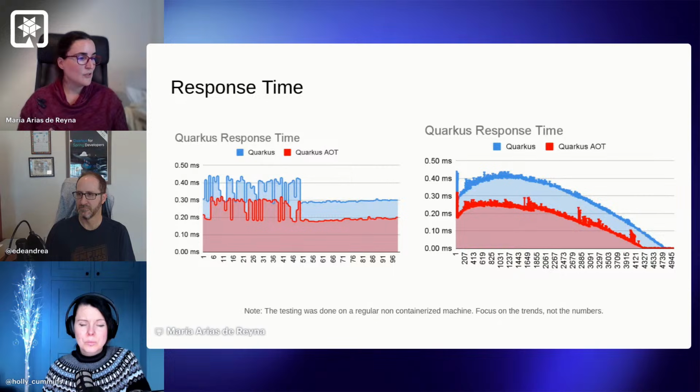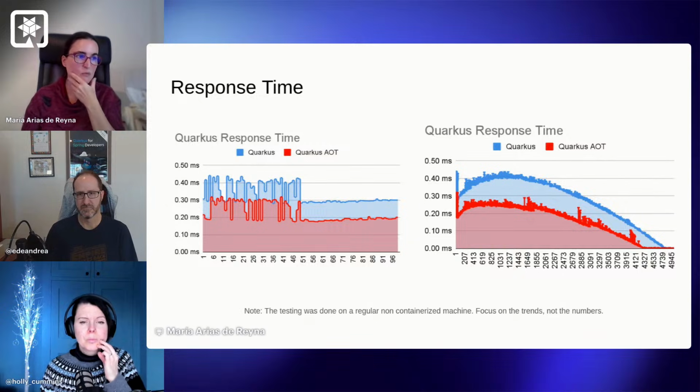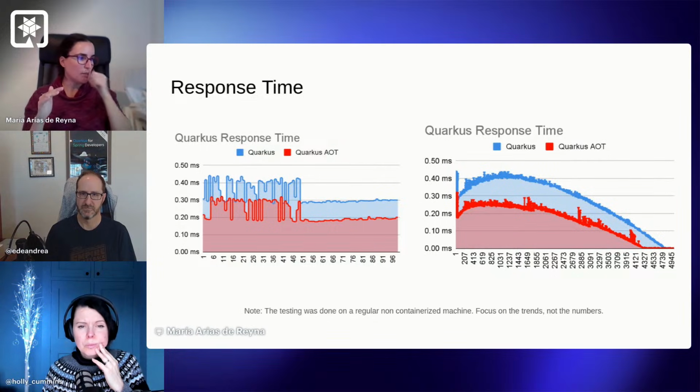And you can see this is how much time each request takes. We ran this test several times, and it's always the Quarkus with Leyden that is a bit faster. There's not much difference, but there is some difference there. And you can see this trend until you reach peak time, all the warmup.